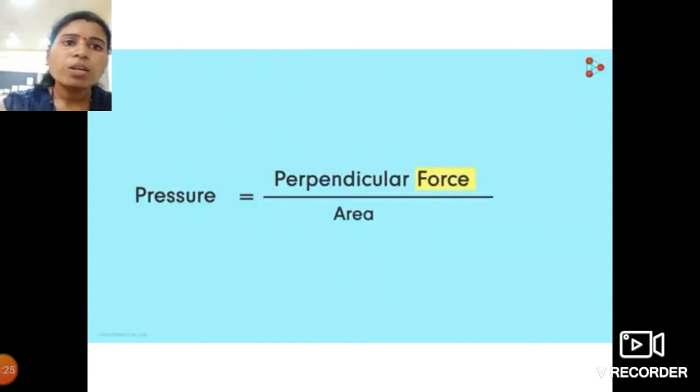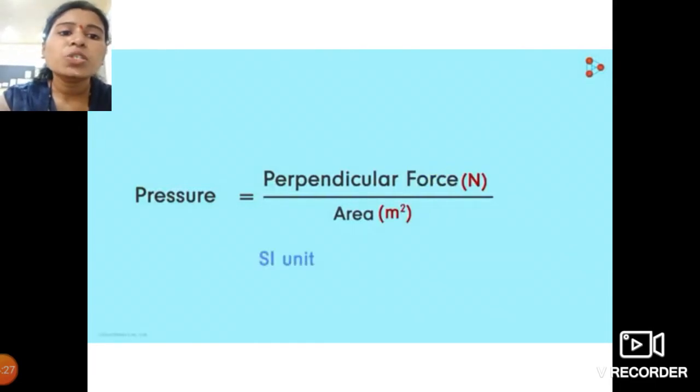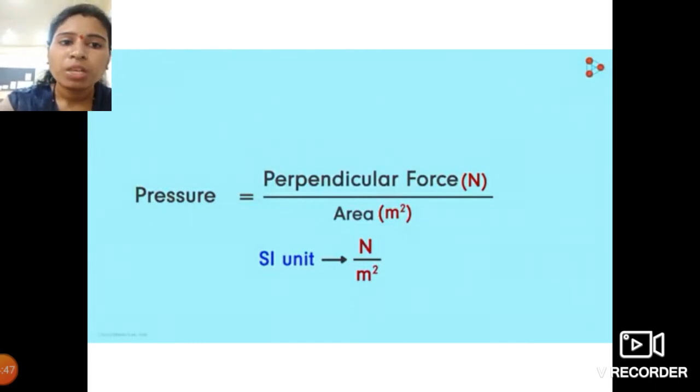We already know that the SI unit of force is Newton, which is denoted by capital N. See in this red color, capital N, and the area is meter square. So the SI unit of pressure is Newton per meter square. We have already seen the unit of force in the previous chapter, that is the Newton.